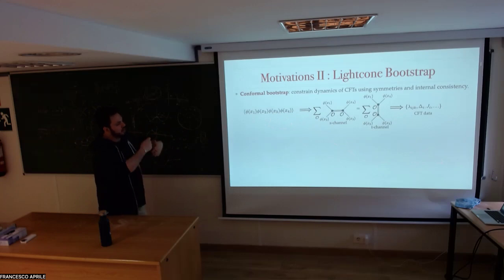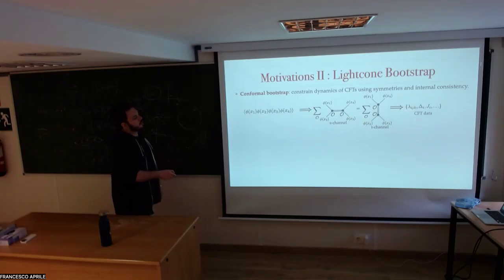So we have different channel decompositions, and these are related via a crossing equation. And the idea of the bootstrap is to solve this crossing equation to extract some relevant coefficients, which are collectively called CFT data. These include the OPE coefficients, the scaling dimensions of the operators, and the spin of the operators that are exchanged.